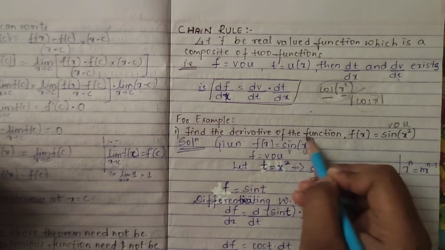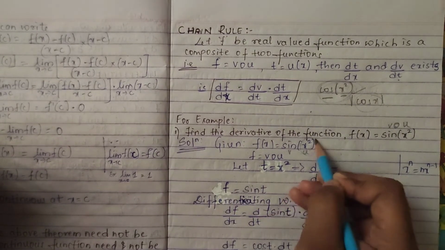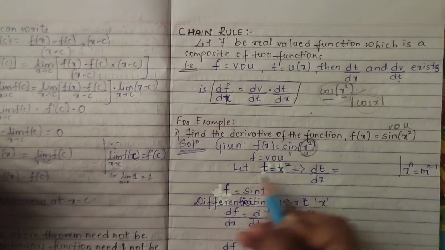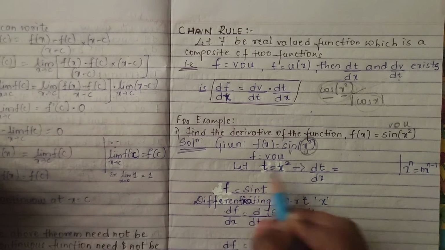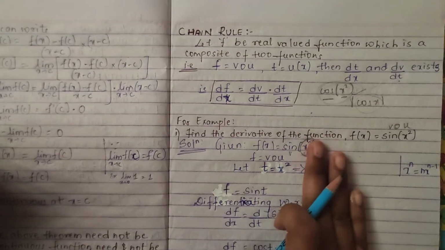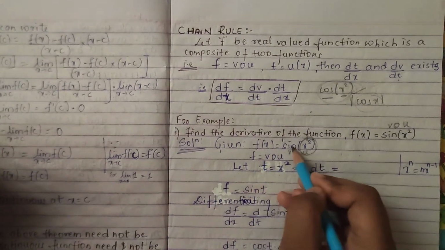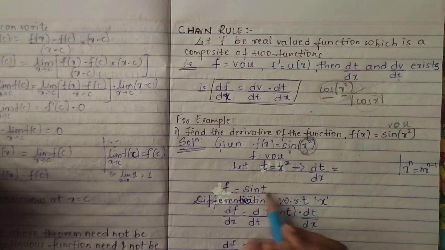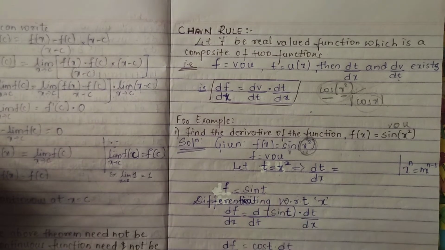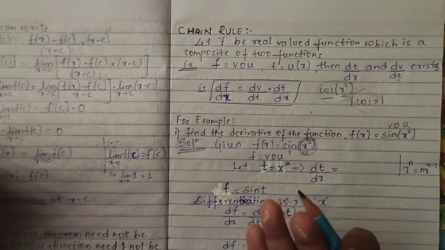So substituting U as t, let t is equal to x square. My U is this whole x square. For now, this much you write, okay? Leave that space. So f becomes, in place of x, it will be t.